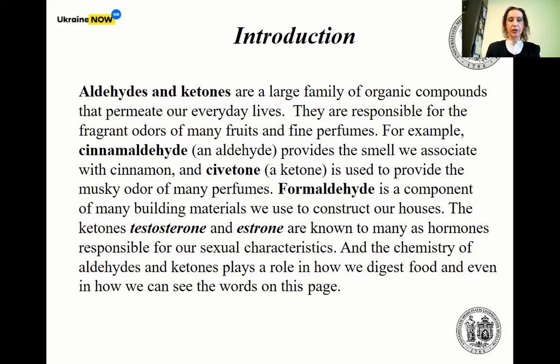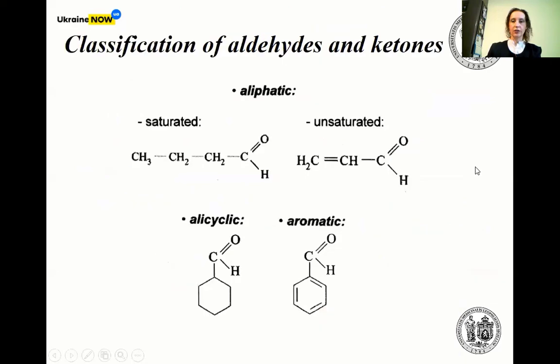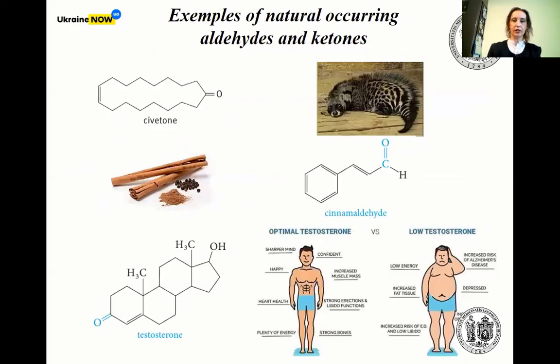For example, ketones such as testosterone and estrone are known as sex hormones in animal bodies and the same in the human body. Here on this slide, you can see some examples of compounds with a carbonylic group.